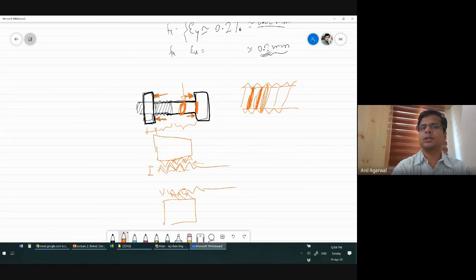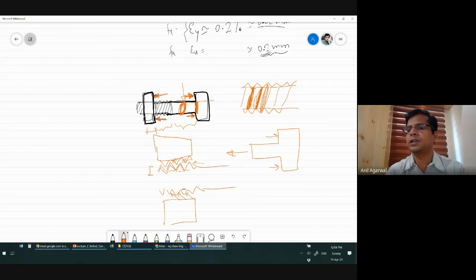There is a good possibility that the head can shear off here. So if you imagine you have this bolt, you're applying a force here, and this is how the forces are being applied on a bolt in tension. So this is your bolt head, right? And this is the shank, and the shank is being pulled in this way, and the head is being pushed that way. There is a very good possibility that you may have a shear surface developing here.